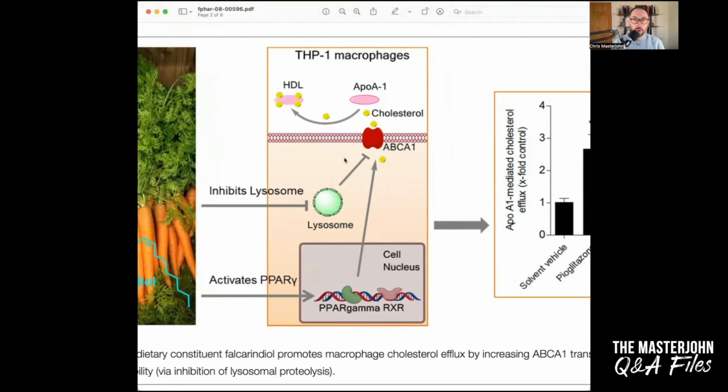And so one of the paradigms of reversal of atherosclerosis is reverse cholesterol transport, where these macrophages not only have the receptors that take up the oxidized lipoproteins, but they also have means of removing cholesterol to HDL particles.